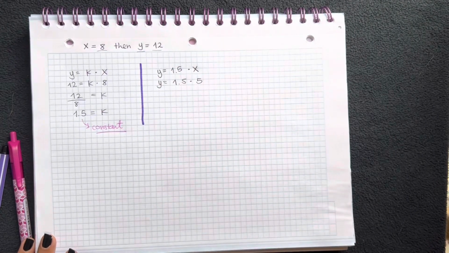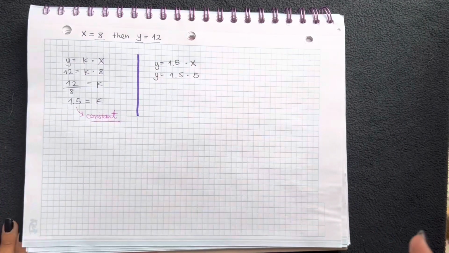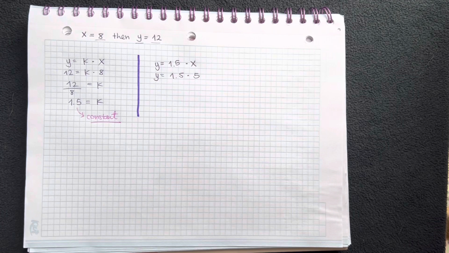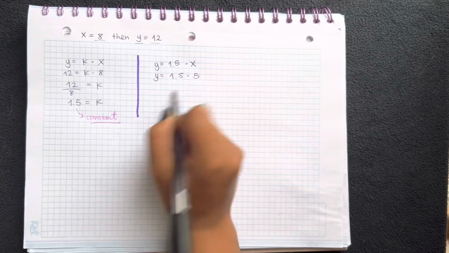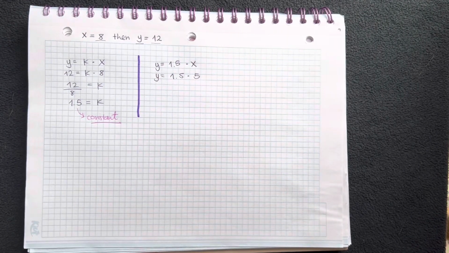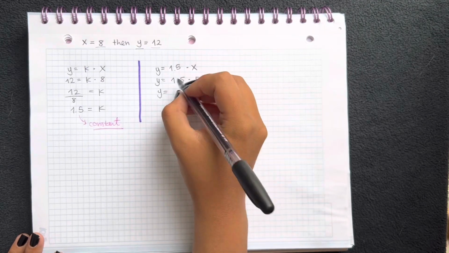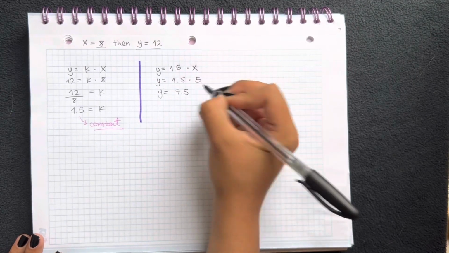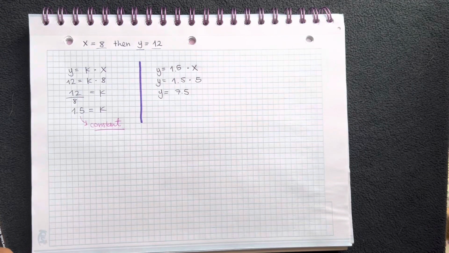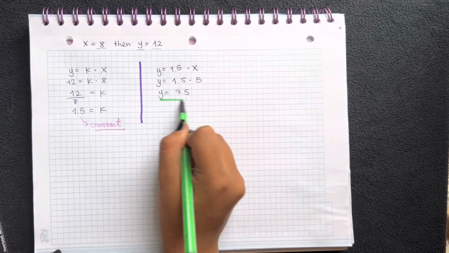And remember, that is because they told us to find y when x is equal to 5. So that's why we have 5 here. Now let's operate this. By multiplying these two values, the answer will be 7.5. And that will be y when x is 5.